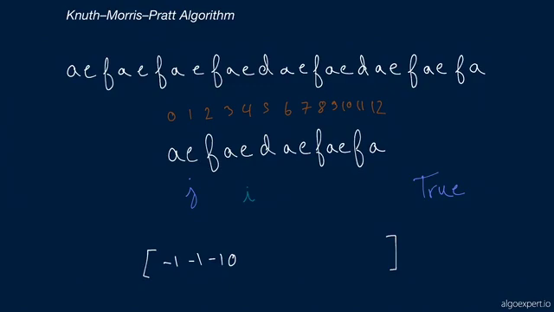So what do we do? Well, we say there's a pattern in this substring so far, AEFAE. There's a pattern that we've recognized, and it's saying that at index I, where this letter E is, the pattern matches whatever pattern we have ending at index J. Index J is 1, so we're going to mark 1 here.